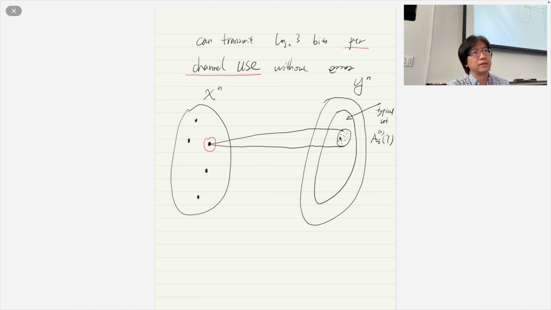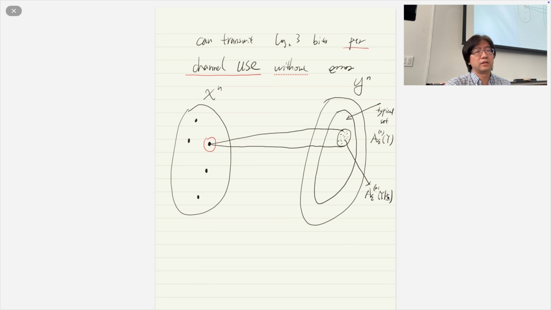It's another typical set, the typical set A_epsilon^(n)(Y|X). Given a code word, we count the y here.